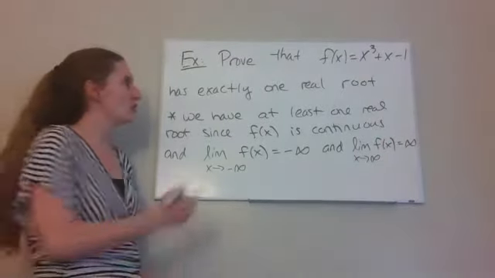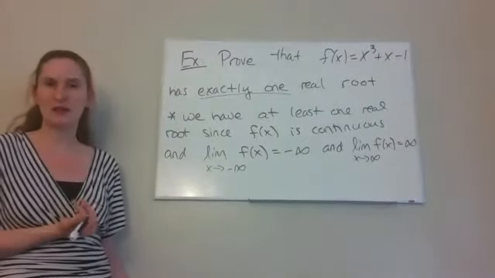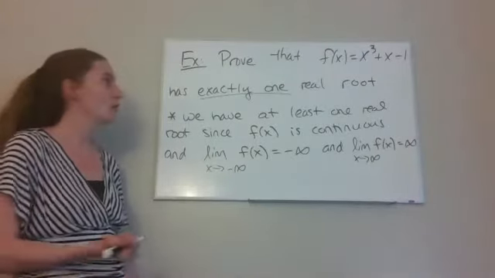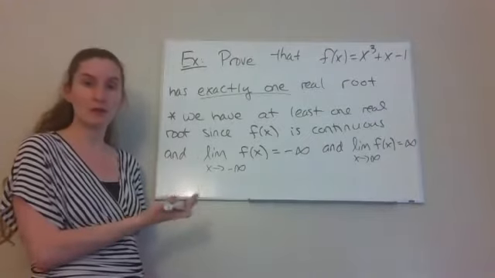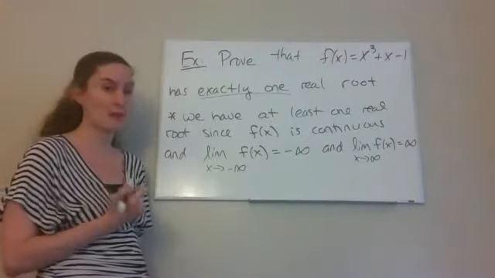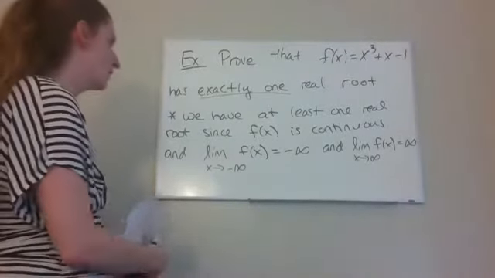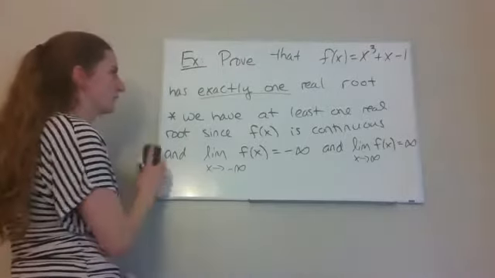But I need to show that there is exactly one real root, and all I know is that there is one, but what if I have 2 or 3? We know we can't have more than 3 because it's a cubic polynomial, but there's nothing just looking at this that tells me I have to only have 1. I could have 2 or 3. So let's just assume that we have more than 1.